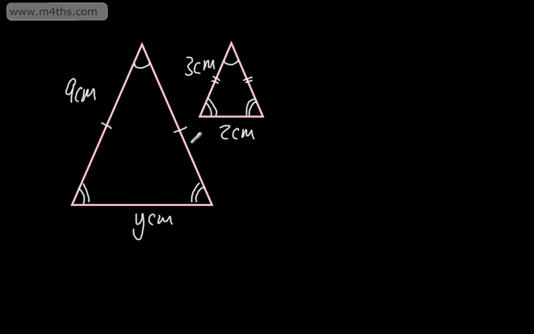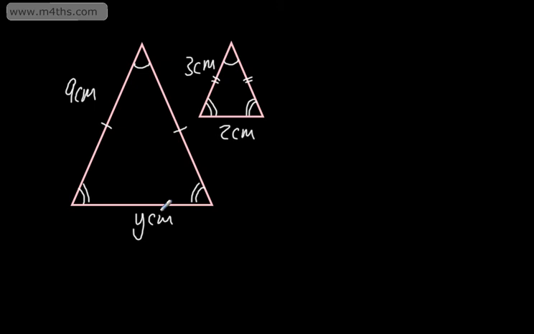We can see that the larger triangle is 3 times bigger than the smaller one, or the smaller one is a third of the size of the larger one. So quite clearly on here, y is going to be 3 times the size of this, which should give us 6.